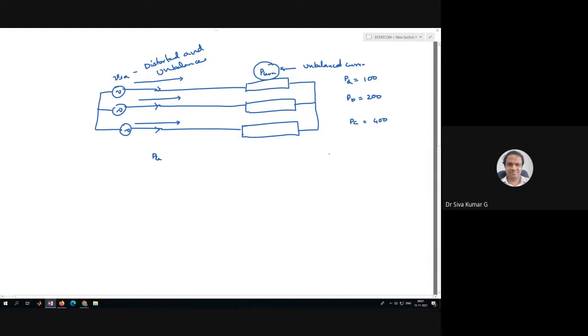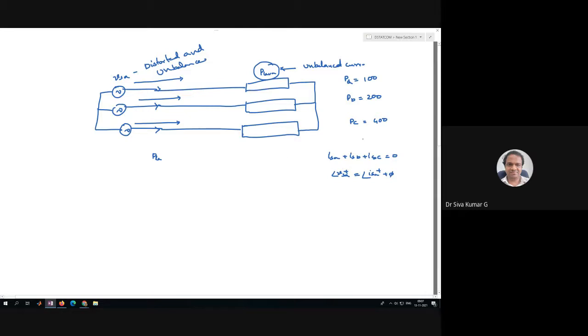We are making a constraint that ISA plus ISB plus ISC is equal to 0. This makes the currents balanced, and we are also enforcing that the positive sequence voltage is equal to the positive sequence current.